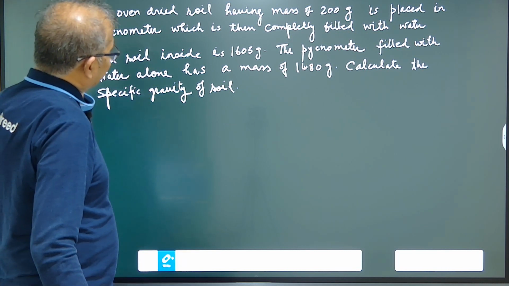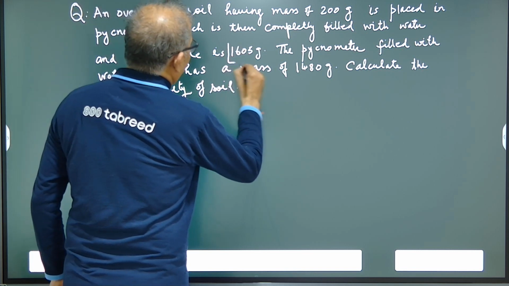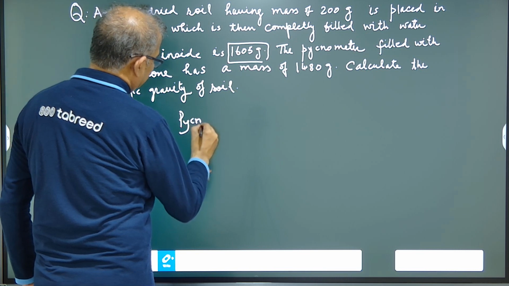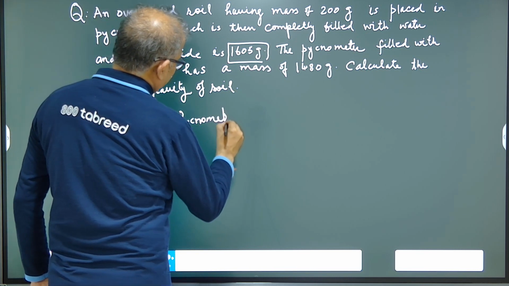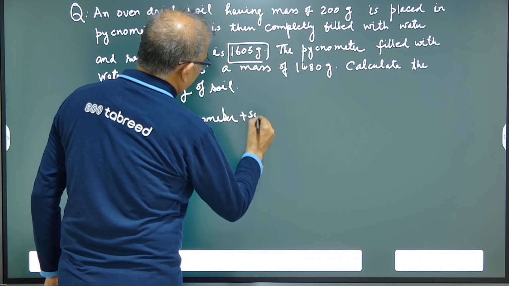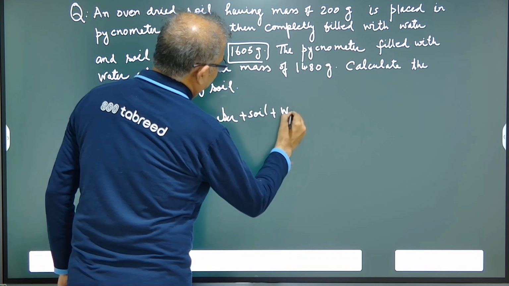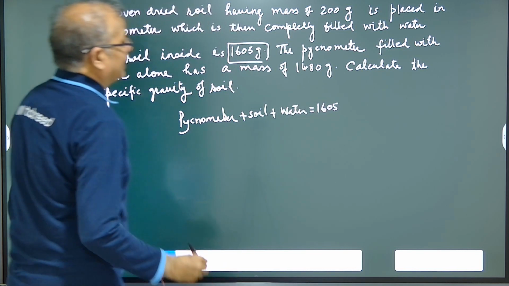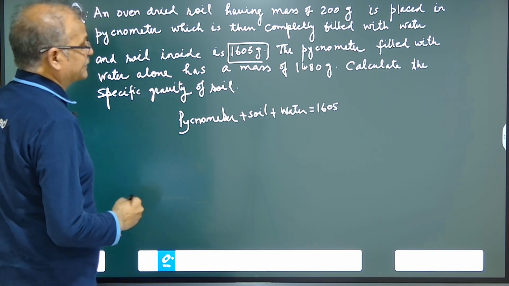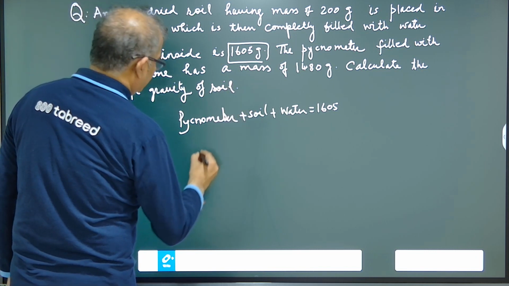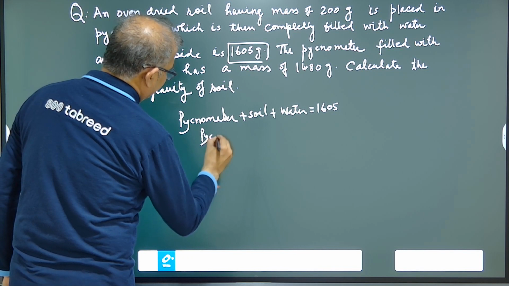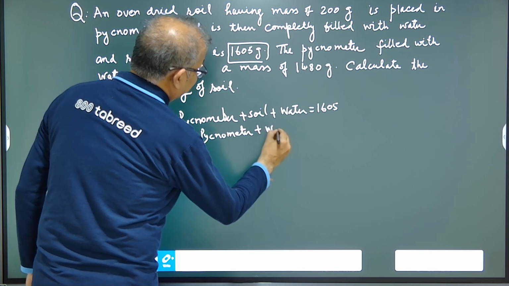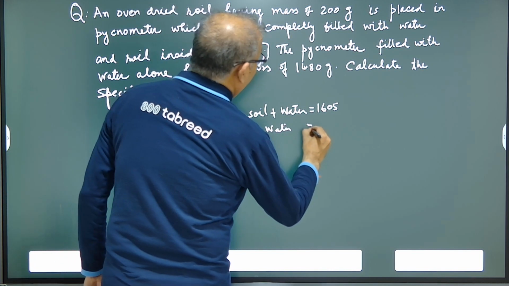The pycnometer plus soil plus water has a mass of 1605 gram, and the pycnometer filled with water alone had a mass of 1480 gram.